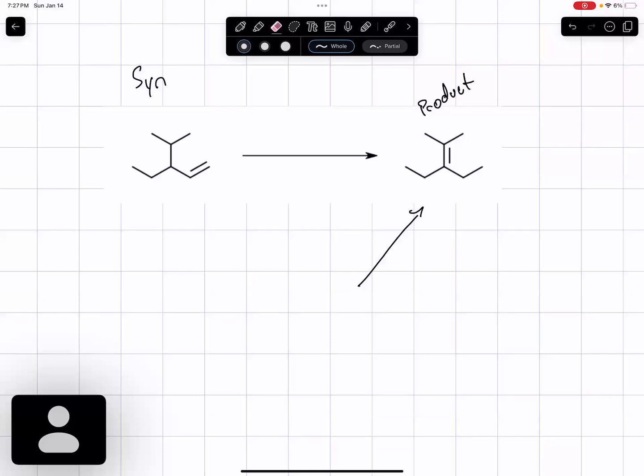Where or how am I going to make an alkyl halide that is going to get us closer to our reactant? Sorry, this is our reactant. Okay, so how am I moving this double bond to a terminal position?